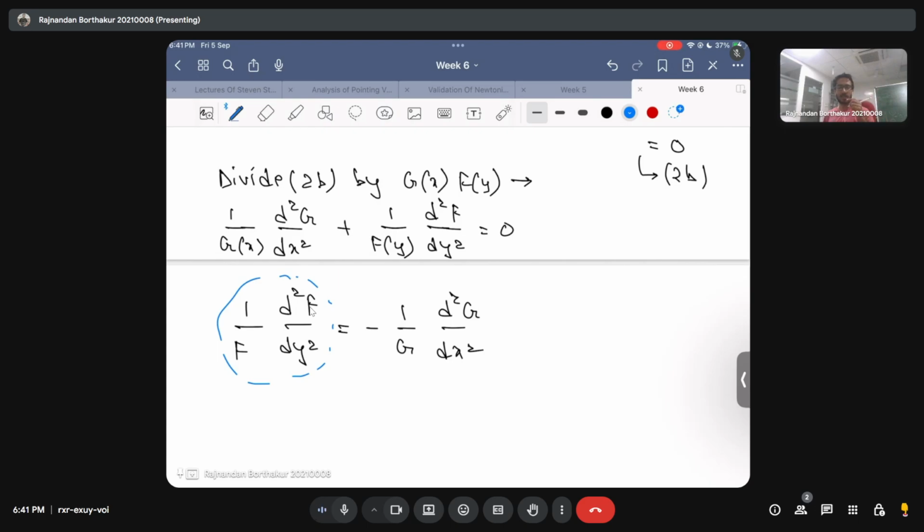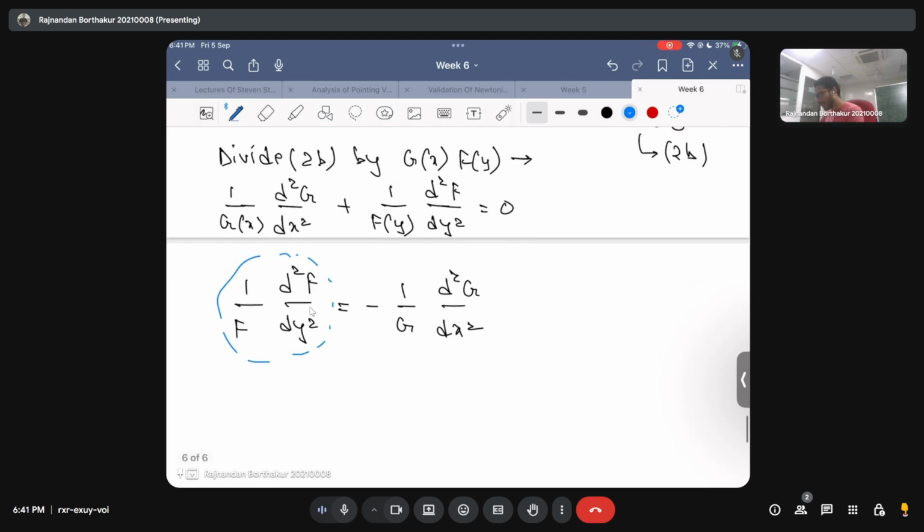So f is just a function of y, and d2f by dy2 is also a function of y, which means this is just a function of y. Okay. And on the right hand side, minus 1 by g times d2g by dx2 is just a function of x.